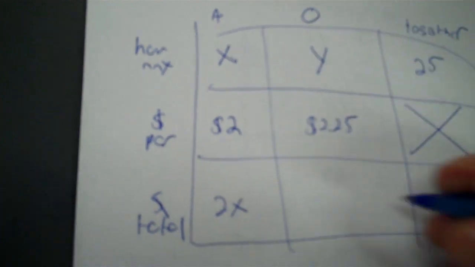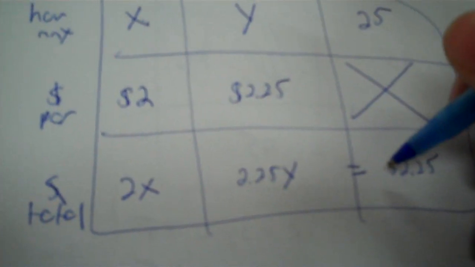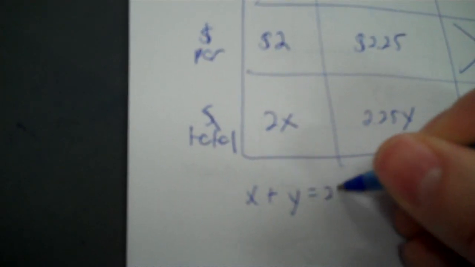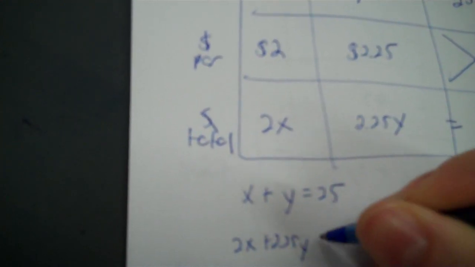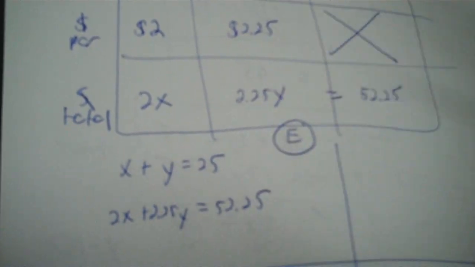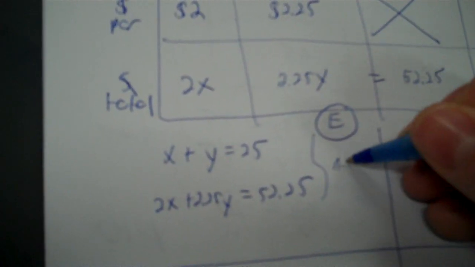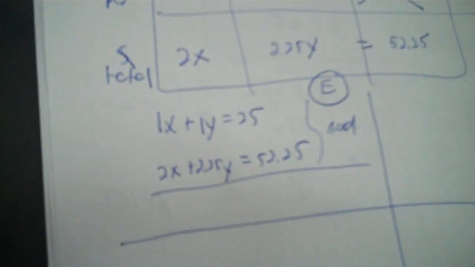So multiply x by 2, you have 2x. Y times 2.25 is 2.25y. So you have an xy equation here, and you got another one up here. So on top, we have x plus y equals 25. And on bottom, you have 2x plus 2.25y equals 52.25. Use the elimination, okay? So add. That's 3x, that's 3.25.